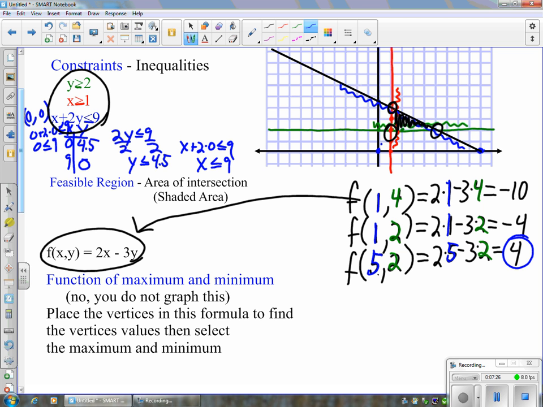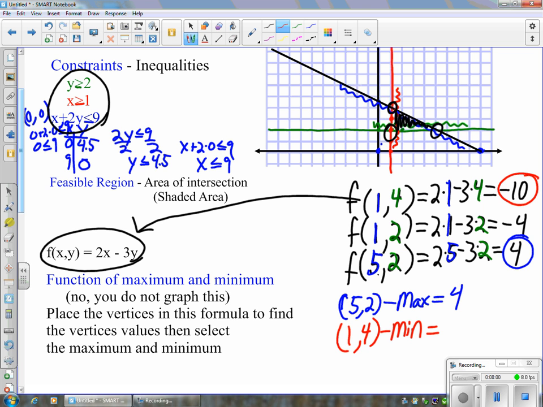It's the biggest of all three values. What point did I have that in? My point of 5, 2 is going to be my maximum value at 4. My minimum, the smallest, would have been this negative 10. The negative 10 comes from the point 1, 4. That's going to be my minimum value, and that value is negative 10.